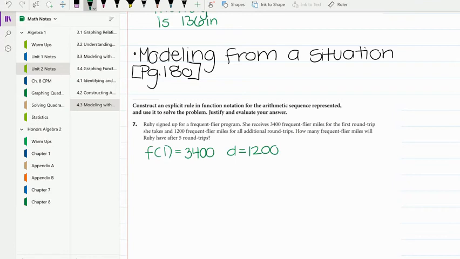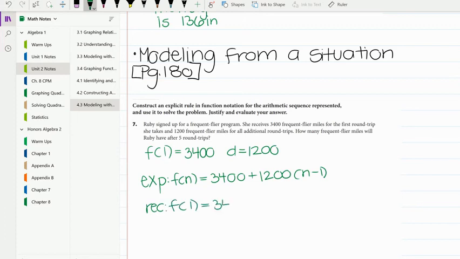So if we were to write our explicit rule, we would have f of n equals 3,400 plus 1,200 times n minus 1. Now, if we were to come up with our recursive rule, it would be f of 1 equals 3,400, and then f of n equals f of n minus 1 plus 1,200.